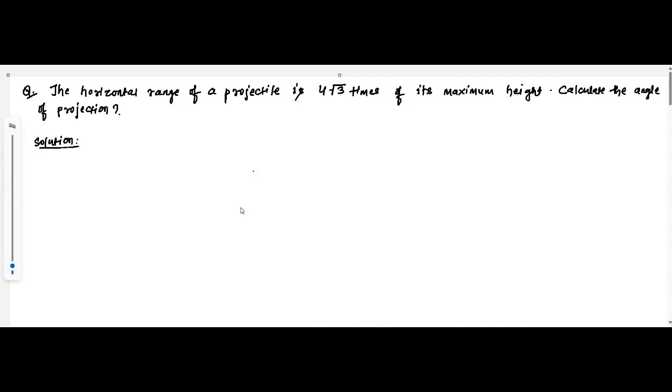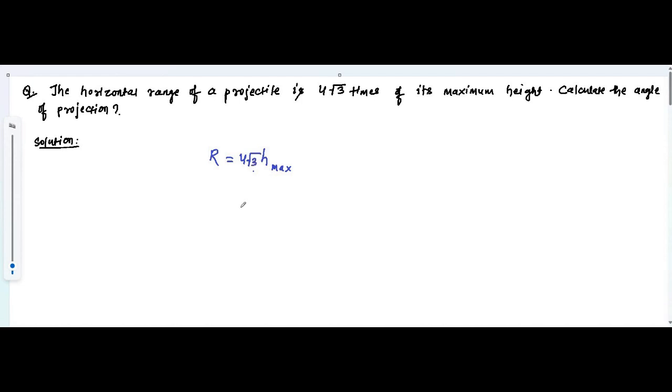Okay, so a very direct question, and it revolves around two important parameters, which is horizontal range and maximum height. And here there is a relationship which exists between these two, and it says that the horizontal range is 4 root 3 times of its maximum height.